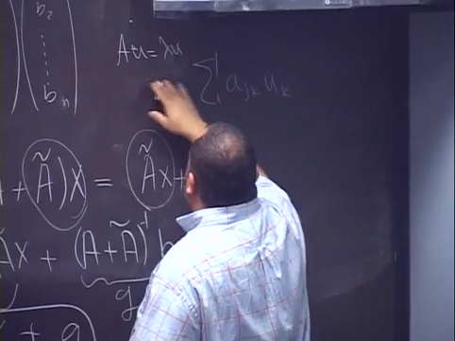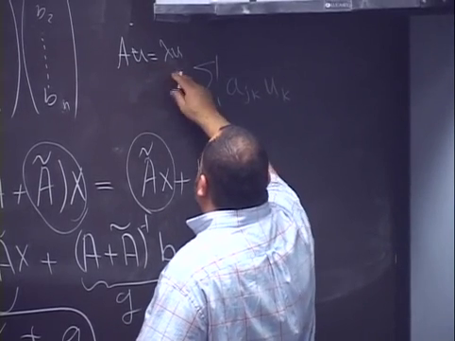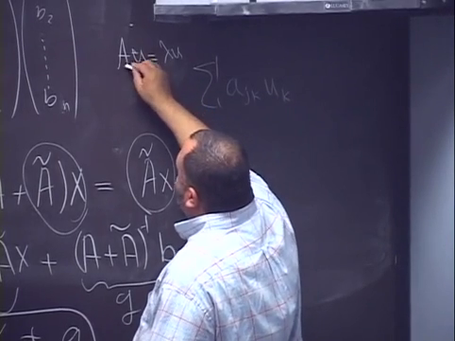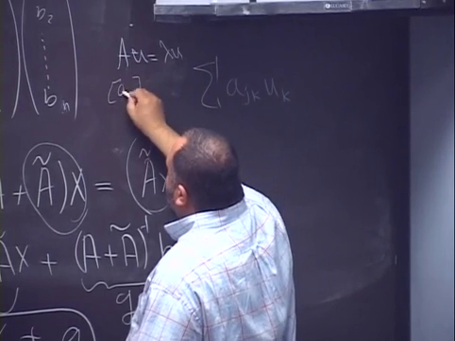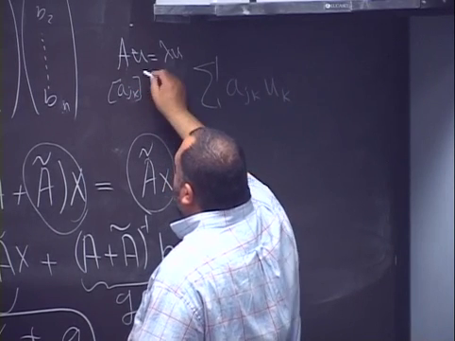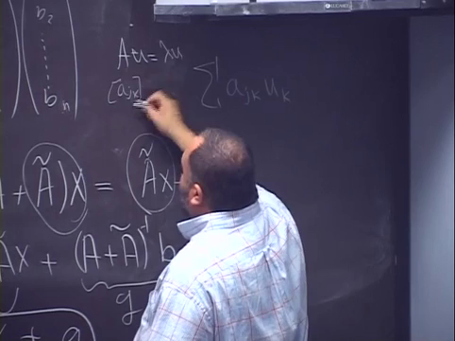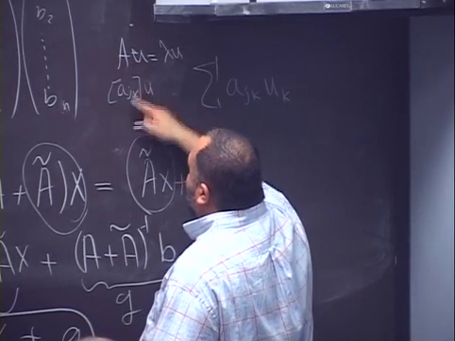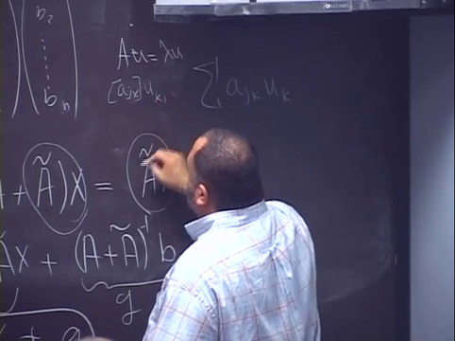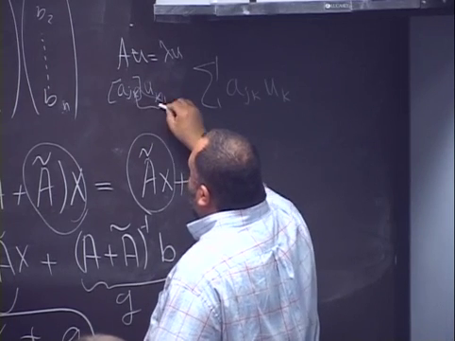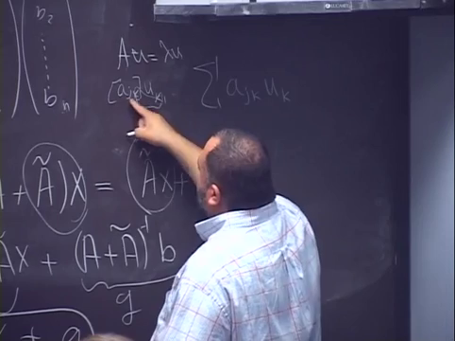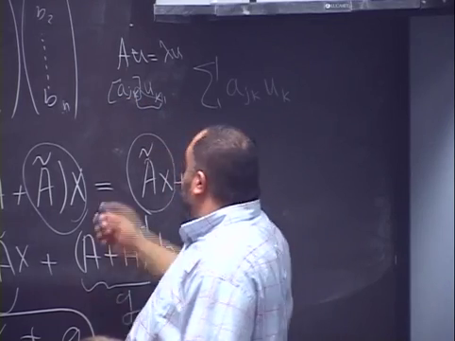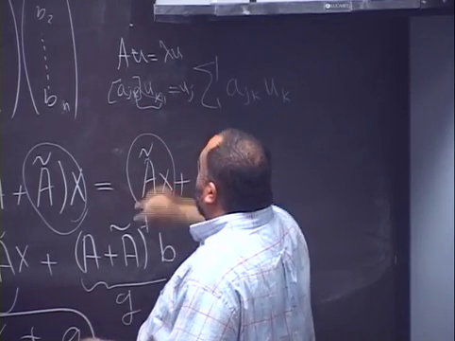When you apply AU equal to lambda U, what's the matrix component? AJK. And in matrix multiplication, if you have a matrix and a vector, you have K equal to K, and it will give you UJ.